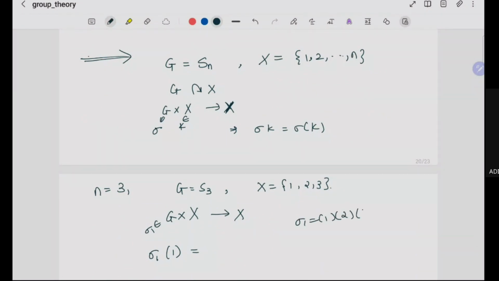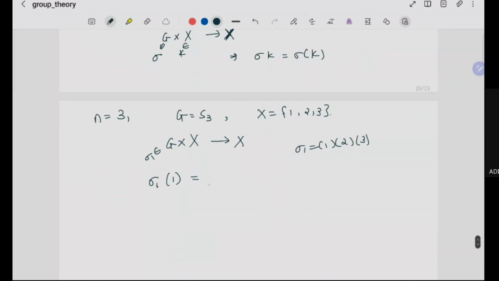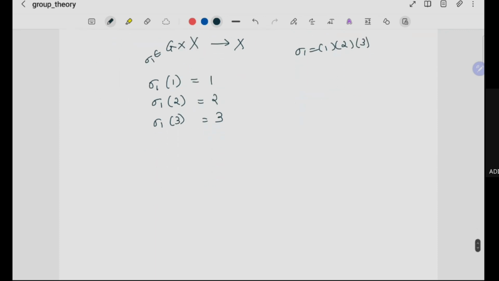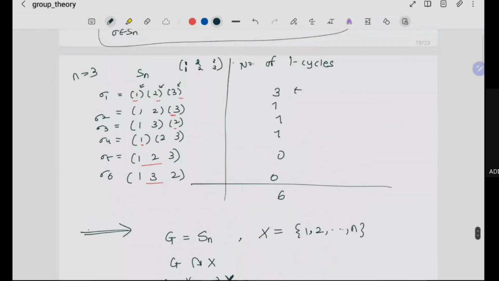So sigma 1 of 1 will be 1, sigma 1 of 2 will be 2, sigma 1 of 3 will be 3. And if I take sigma 2, then sigma 2 of 1 will be, sigma 2 was this 1, 2, 3.